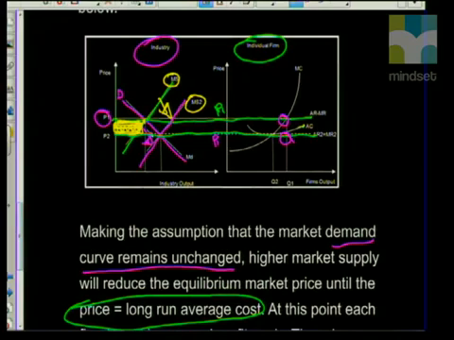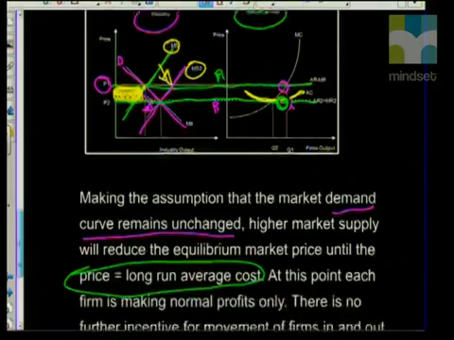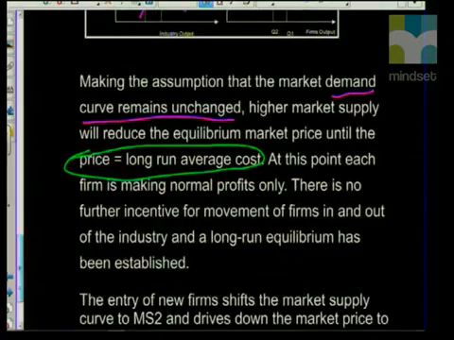So the price would drop to this point, where the price is equal to the long run average cost. At this point, each firm is making normal profit only. Now, normal profit is what is necessary to keep businesses operating in a specific market. If they don't make normal profit, they would not be willing to make available the product.